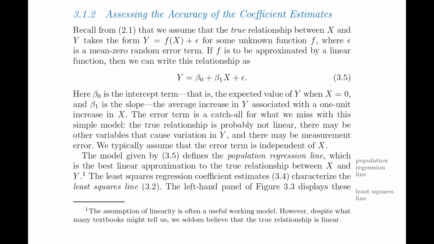If f is to be approximated by a linear function, then we can write this relationship as y is equal to beta naught plus beta 1 x plus epsilon.